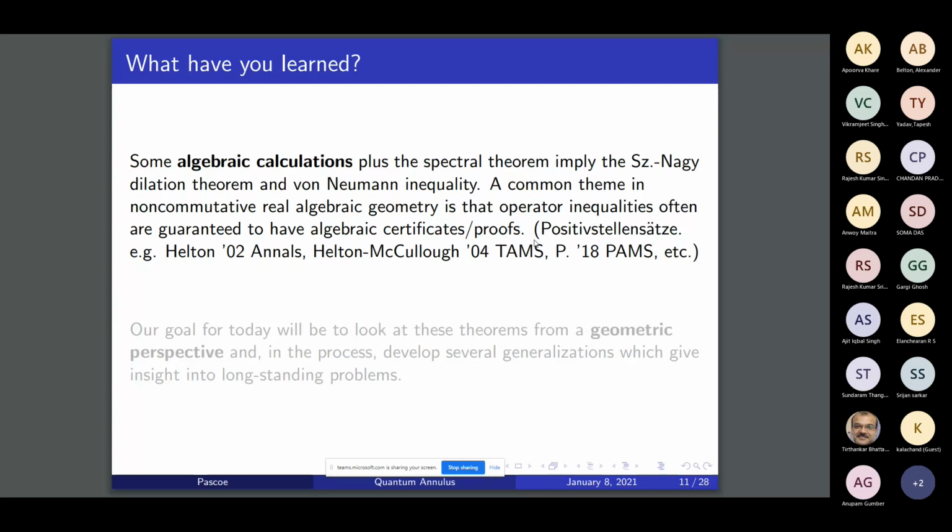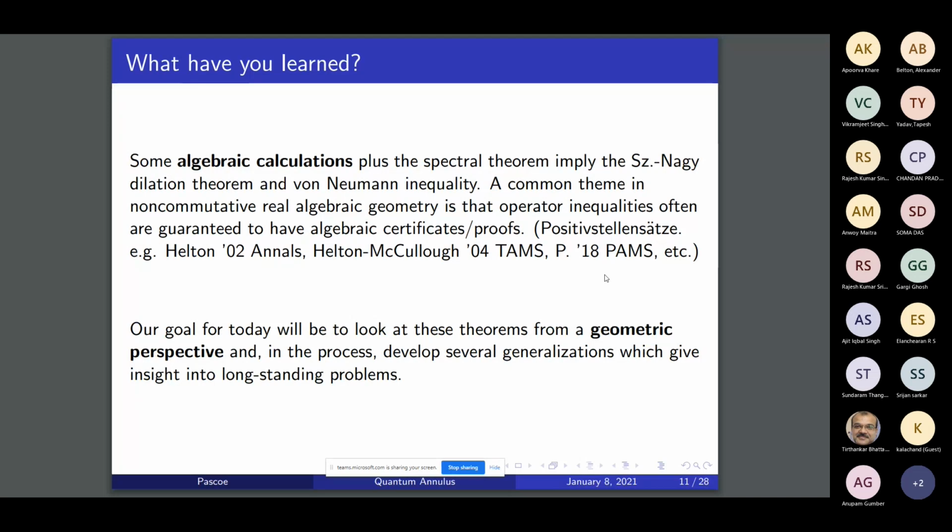These are called positive Stellensätze. For example, Helton's Annals paper, where he proved that a positive non-commutative polynomial is a sum of squares, which is an analog of the classic Artin-Schreier result. Helton and McCullough's proof of a non-commutative positive Stellensatz in Transactions, where they prove a non-commutative analog of Putinar's positive Stellensatz from the early 90s. And then I proved a rational case of that at some point.